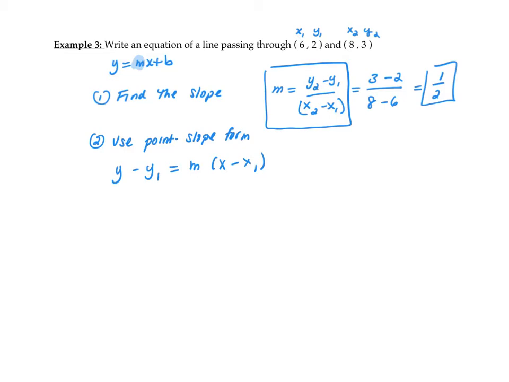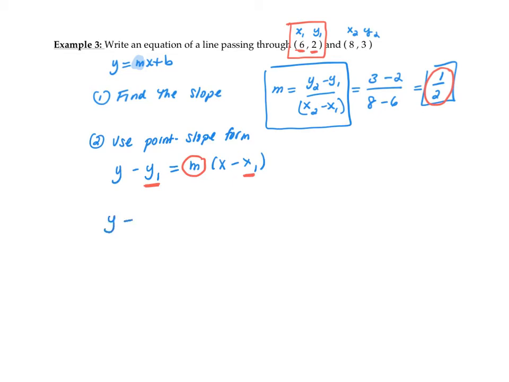Okay, when you use point slope form, you're going to take one of your points, in this case x1 and y1, you're going to plug in the x1 right here, you're going to plug in the y1 right here, and of course we're going to plug in our slope for m. So watch what happens when I plug those numbers in.